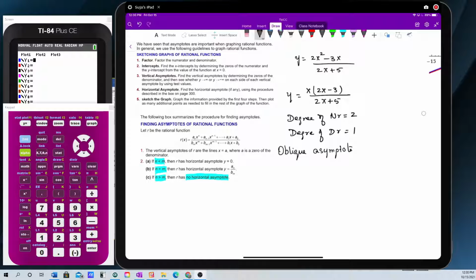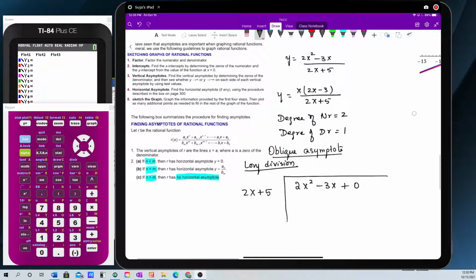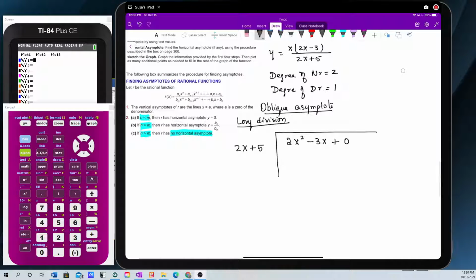To find the oblique asymptote, I need to do long division. Let me do that first. I'm going to take 2x squared minus 3x plus 0, putting a placeholder for any missing terms, divided by 2x plus 5. The first step is to look at the first term here and the first term there to find what the quotient has to be: I'm going to take 2x squared over 2x.